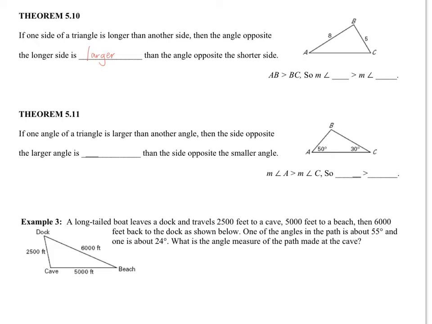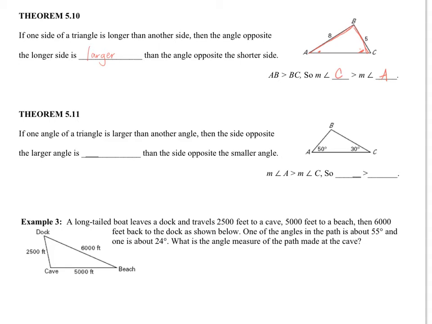So if the longer side here, AB, is longer than BC, then the angle opposite AB, which is angle C, is larger than the angle opposite BC, which is angle A. So therefore, AB is greater than BC, so measure angle C is greater than measure angle A.